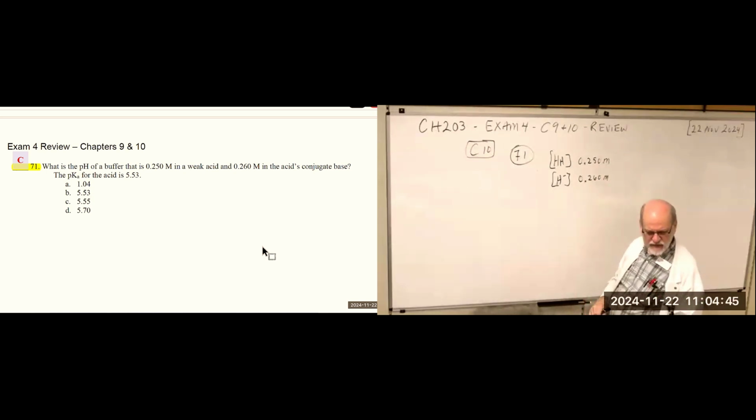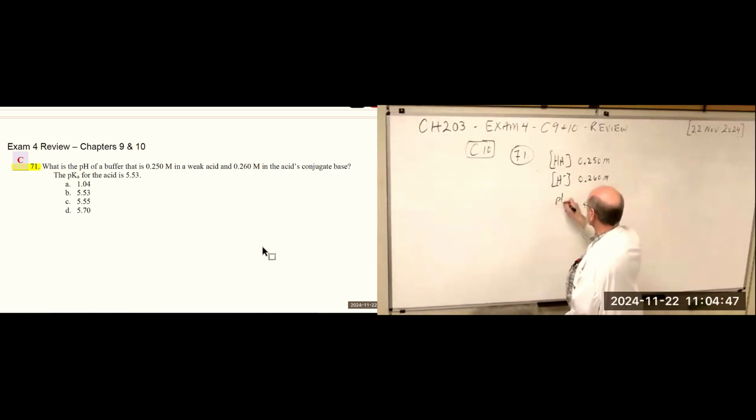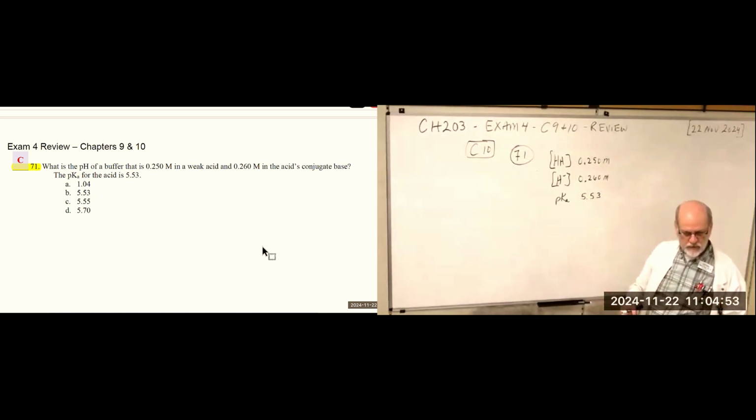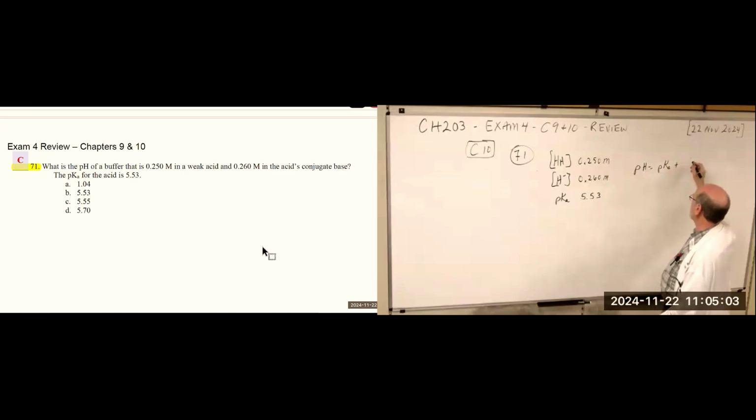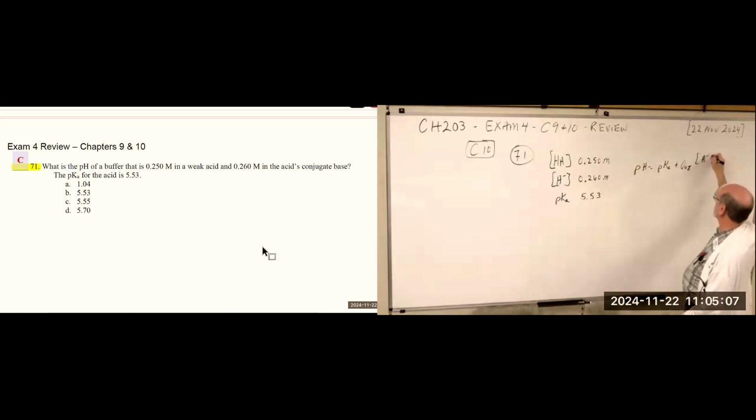And the pKa is 5.53. You remember what to use for this one? Henderson-Hasselbalch. pH equals pKa plus the log of A minus, the conjugate base, over the acid.